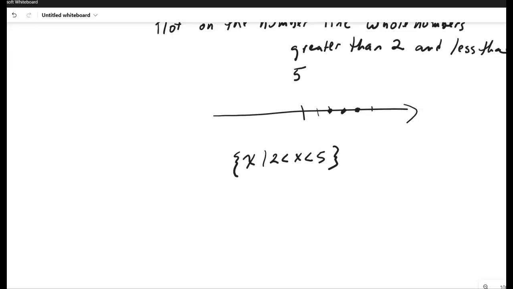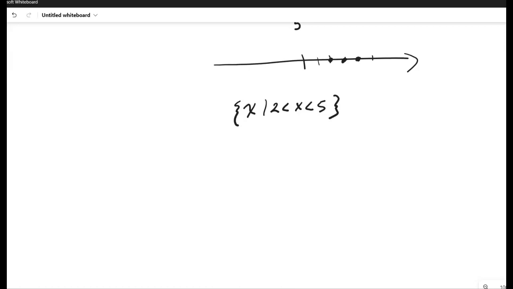This wants us to plot all values between 2 and 5, but not including 2 and 5. So that would mean 2.1, 2.2, 2.3, 3.7, etc. The way we'd plot that on the number line, 0, 1, 2, 3, 4, 5.